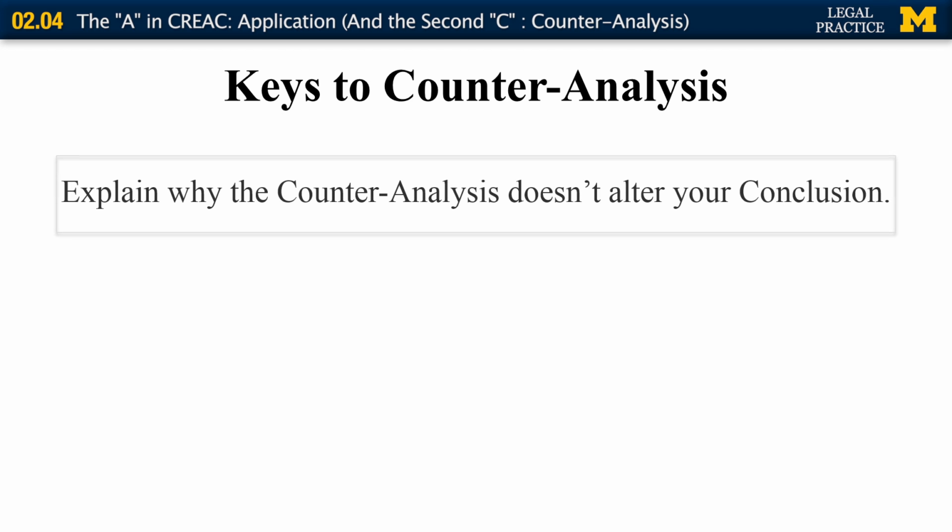So, some keys to keep in mind. When you have a counter-analysis, you always want to explain why the counter-analysis doesn't alter your conclusion. This is part of the not being wishy-washy principle that I introduced at the beginning. It's not helpful to your reader to start out by saying, here's what's going to happen and here's my application. Oh, but there's this other thing that might also happen.